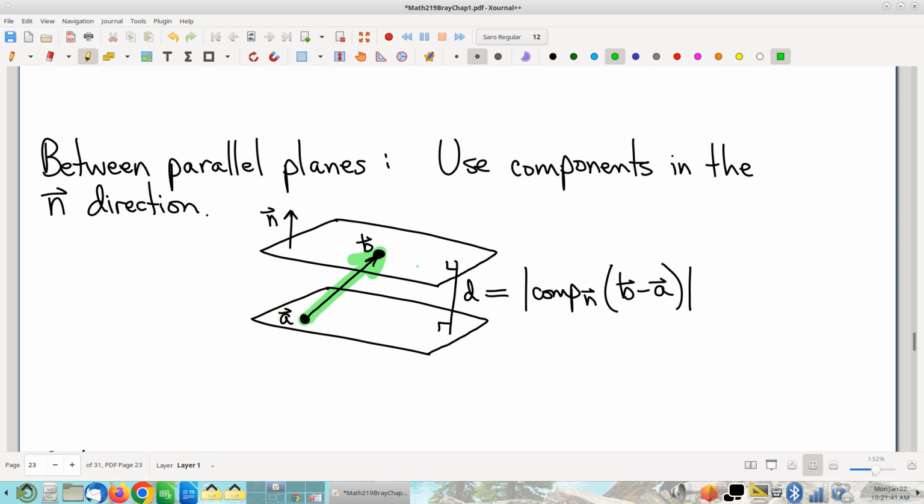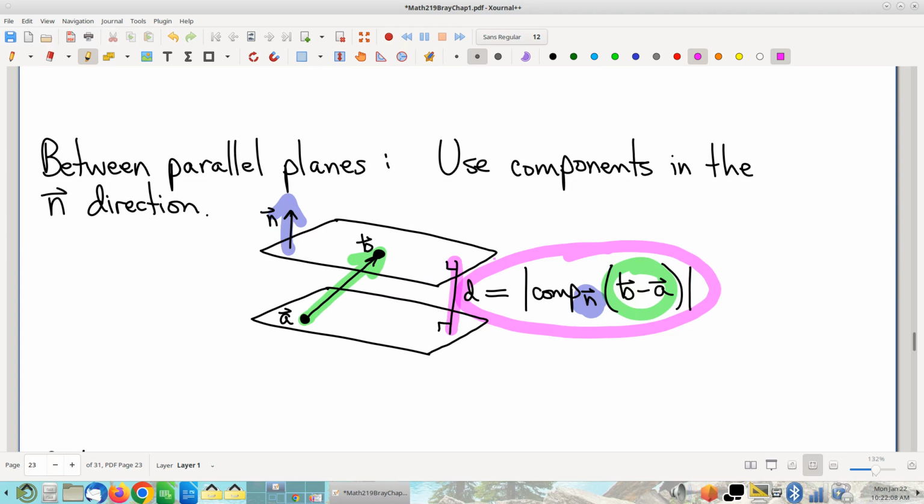And so the easy fix is to say, well, look at that difference vector. Again, pick any 2 points, doesn't matter, and then look at the component in the normal direction. That component in the normal direction is going to give you the distance.